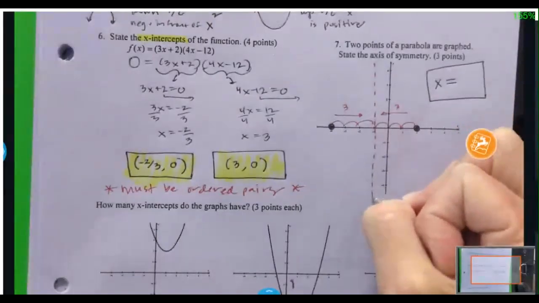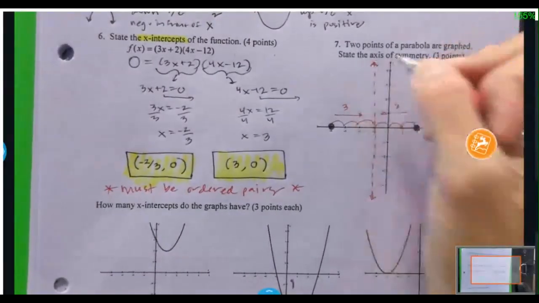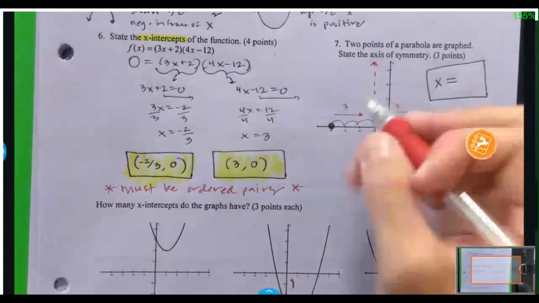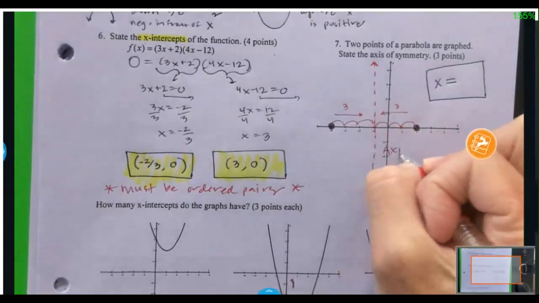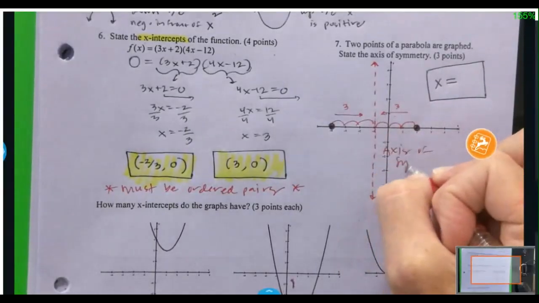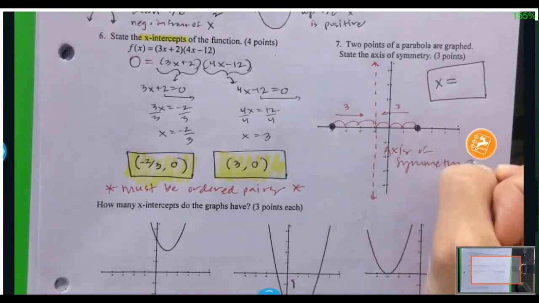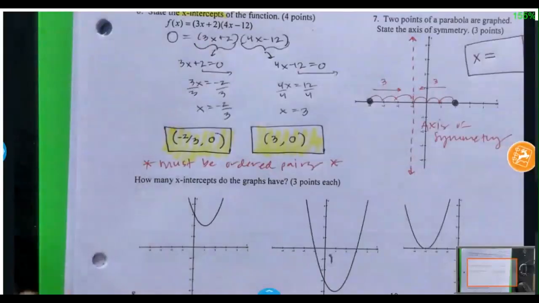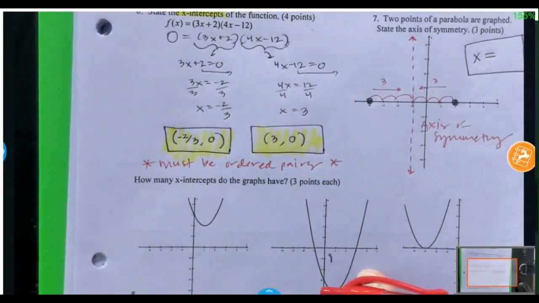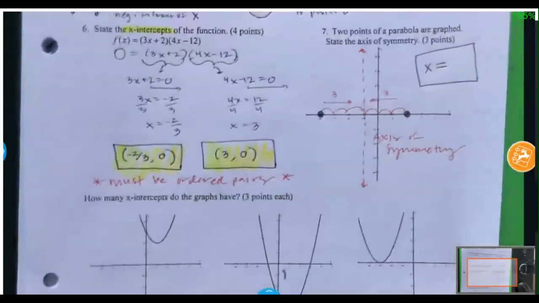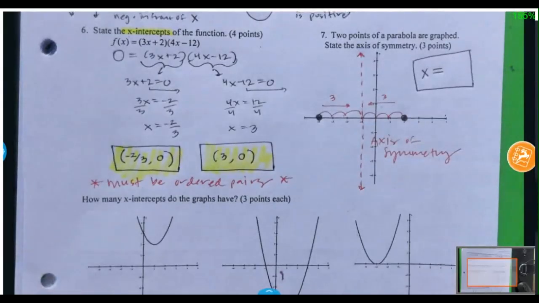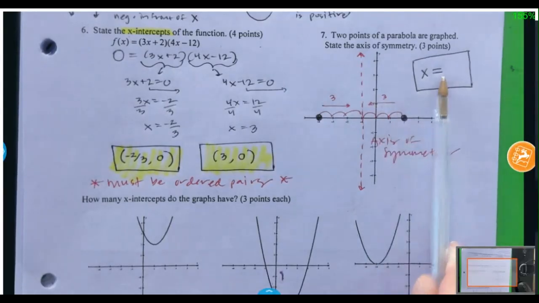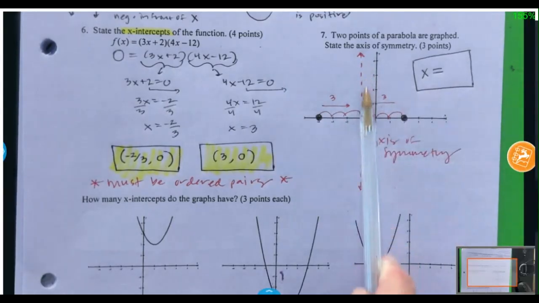Now, we don't know exactly the coordinate of it, but we know it needs to fall somewhere on this line. This line is the axis of symmetry. It is the imaginary line that divides the quadratic or the parabola into 2 symmetrical parts. And so we want the equation of that line. It is a vertical line. We've already had an entire note packet on the difference in a vertical line and a horizontal line. It is a vertical line, and where does it cross the x-axis?